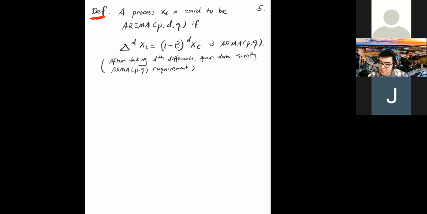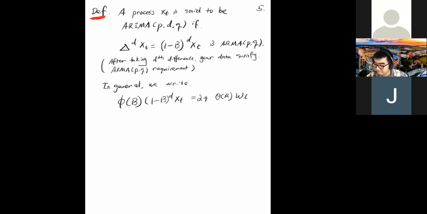Yeah, and in general, we write our ARIMA model like this.